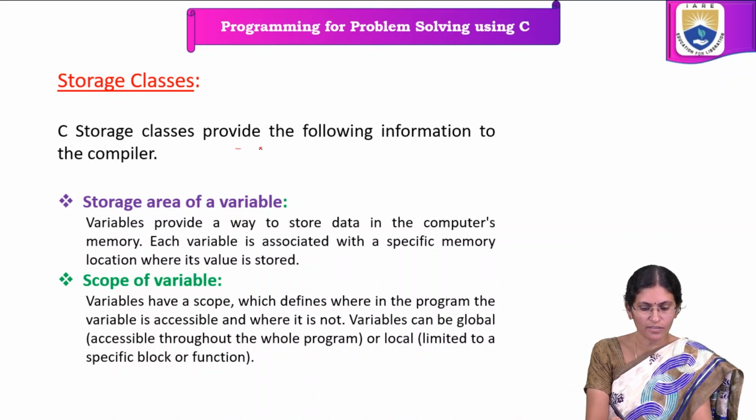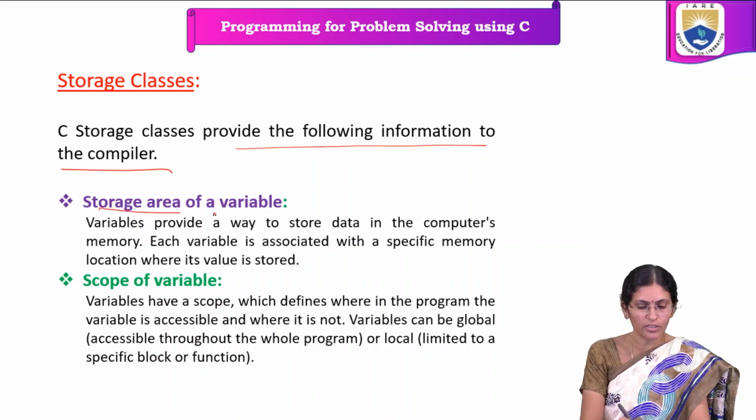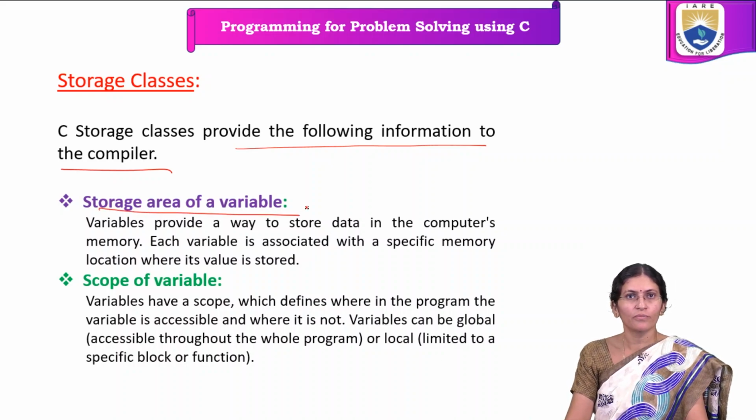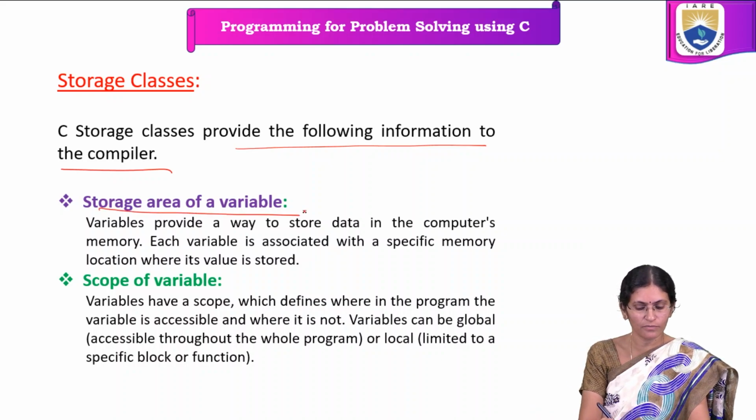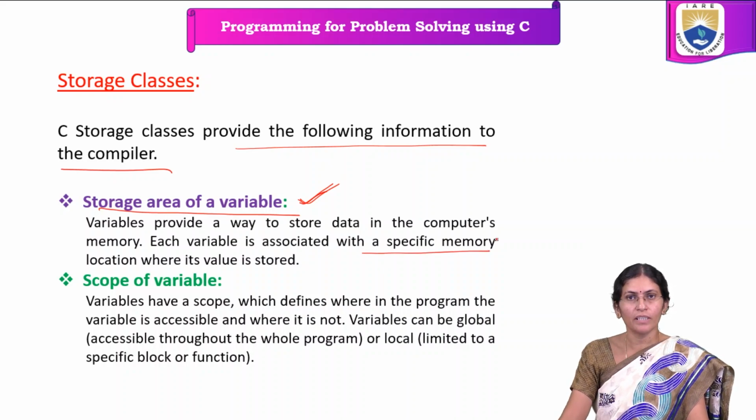C storage classes provide the following information to the compiler. The first one is the storage area of a variable. It determines where the variable will be stored in the memory, whether it will be stored in the data segment, in a CPU register, or in RAM.